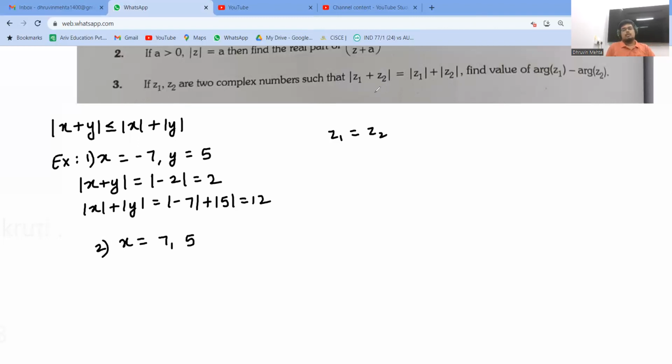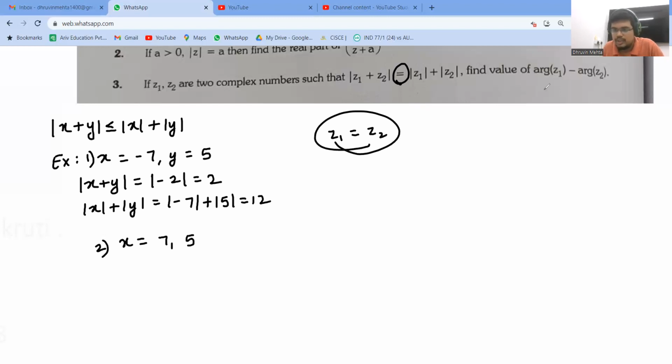For all other z1 and z2, modulus of z1 plus z2 will be less than mod z1 plus mod z2, but it will be equal only when z1 is equal to z2, if they are the exact same complex numbers.